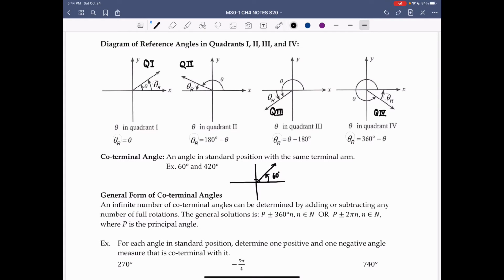If we go around one rotation, that would be 360. And then to get to 420, 360 to 420, that's another 60. So it would get back to this terminal arm that we had, and that would be 420 degrees. Then 60 degrees would be the principal angle, because it's between 0 and 360.